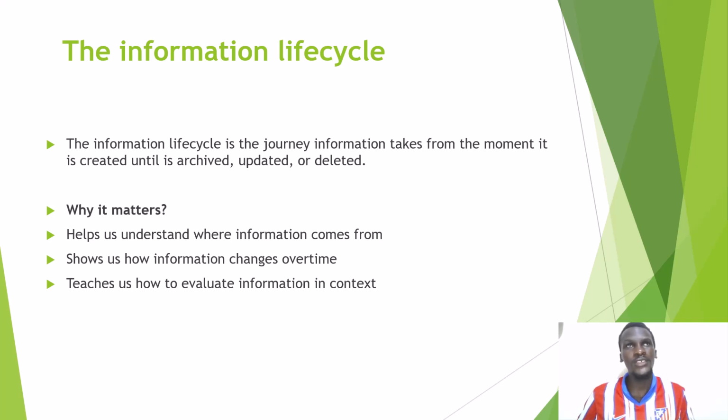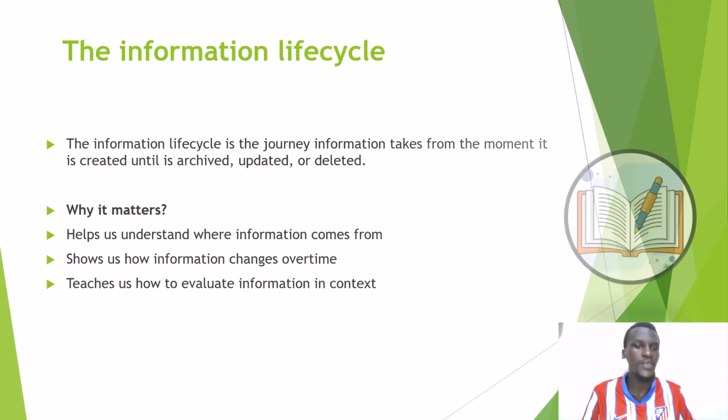Time changes everything, and information will also end up changing. Certain pieces of information cannot just remain the way they were. Information will always keep on changing. So it also teaches us how to evaluate information in context. It helps you organize your information and know where it is from and where it's supposed to be.